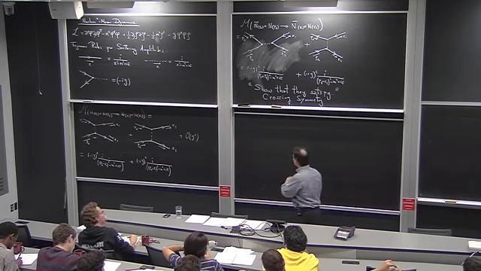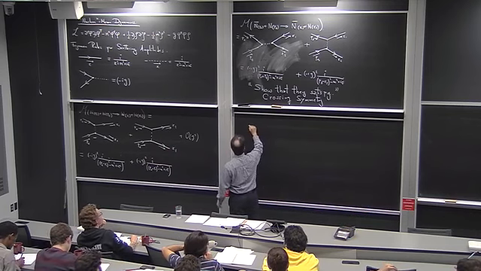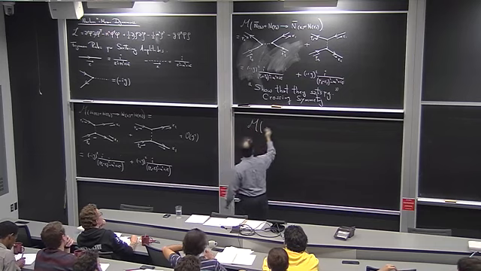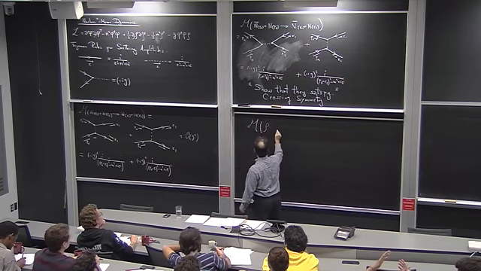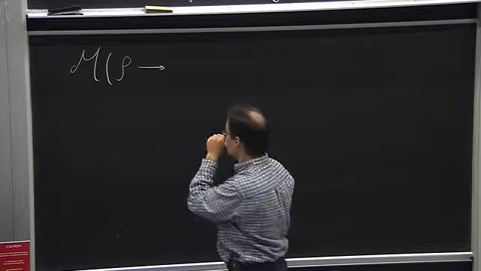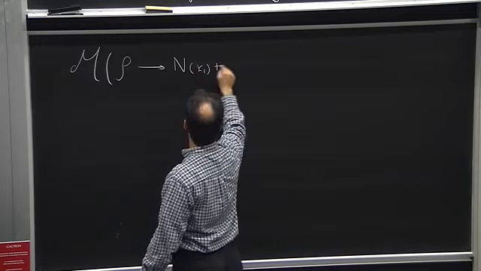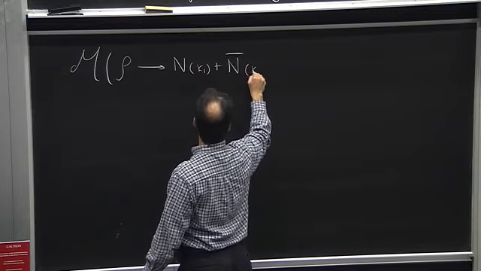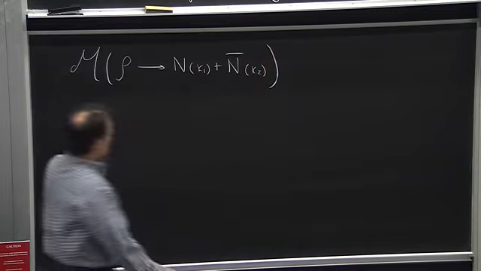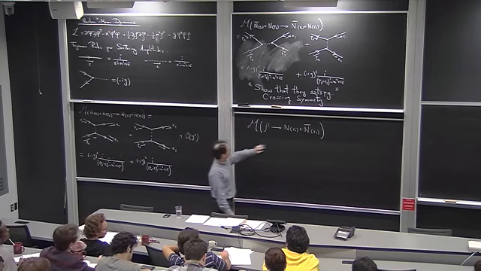Well, what we're going to do next is actually another computation. We're going to compute what happens when you have a rho meson that goes into nucleon anti-nucleon.